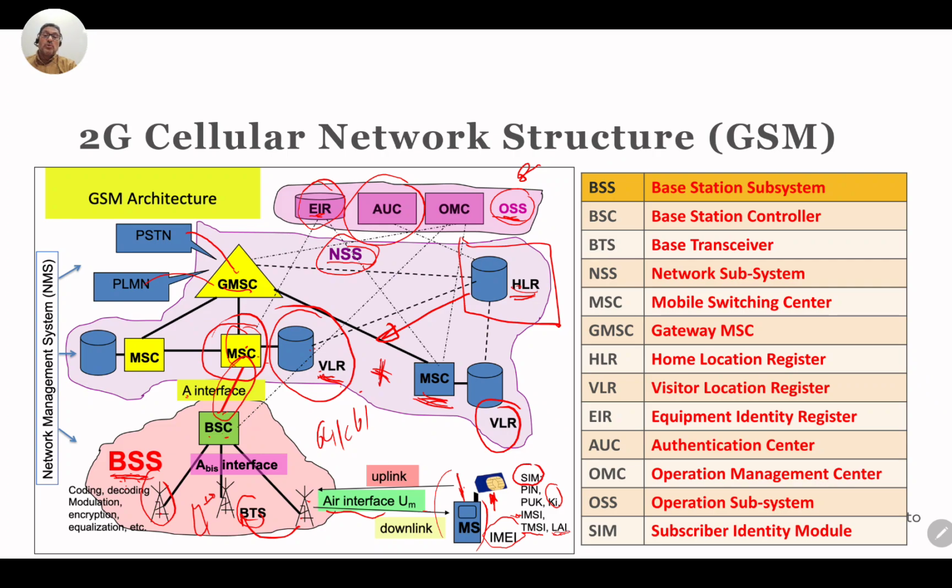But in GSM, we use linear predictive coding to compress this down to 13 kilobit per second, so we can have more than one voice channel per PCM channel of 64 kilobit per second. Also, this A interface is about 2 megabit per second, which consists of many 64 kilobit per second channels. So the main motivation for GSM is to support voice communication.